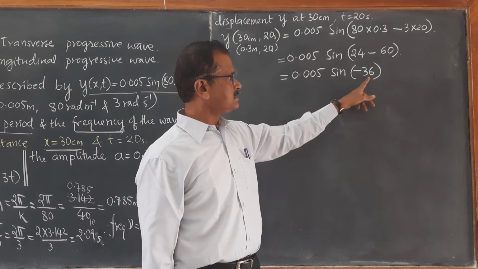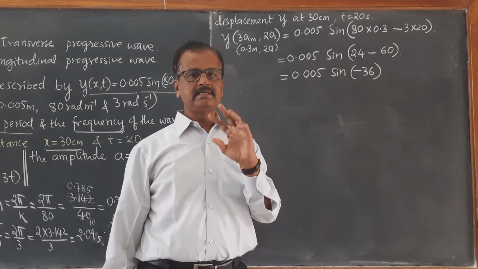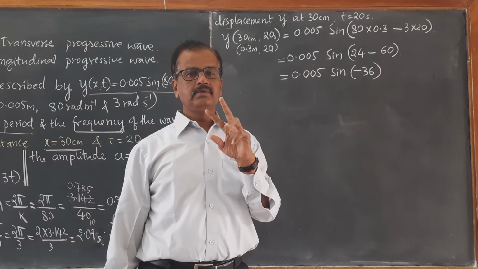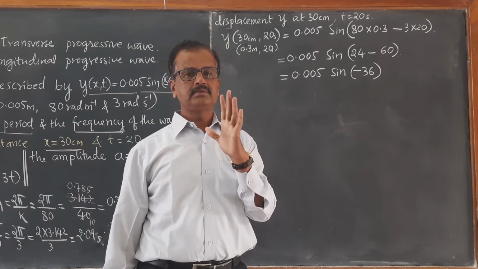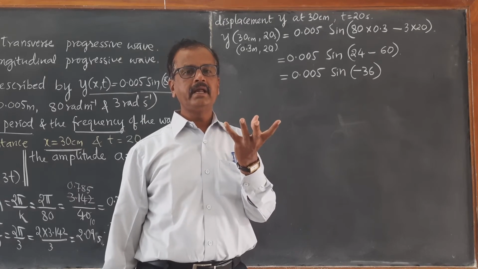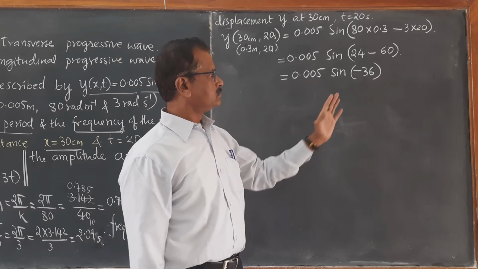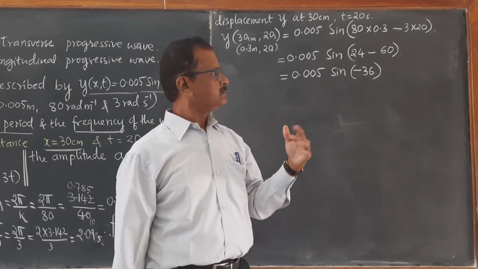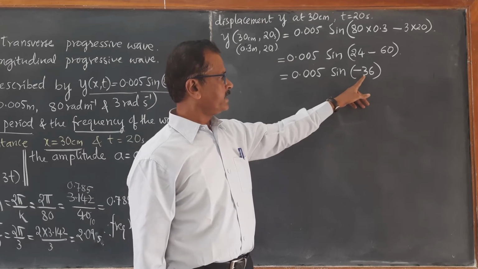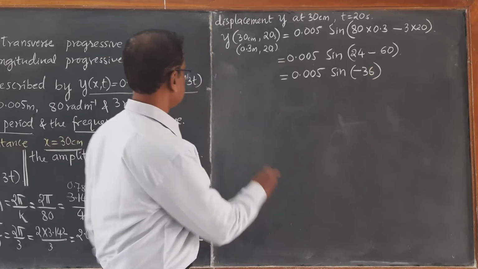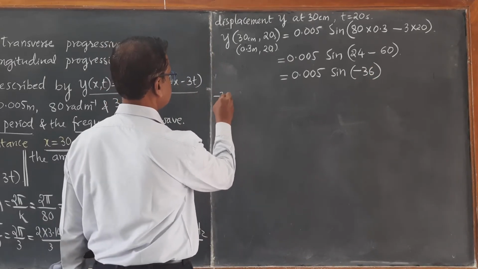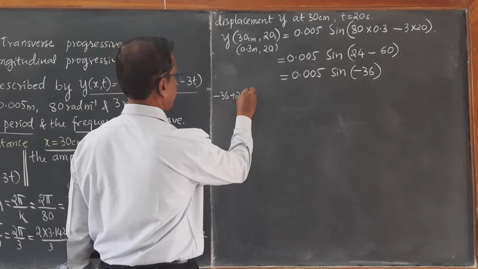If it is 6 pi, 6 into 3.14, it will be nearly 19. Like that, if you go on calculating, it will be minus 36 plus 2n pi.